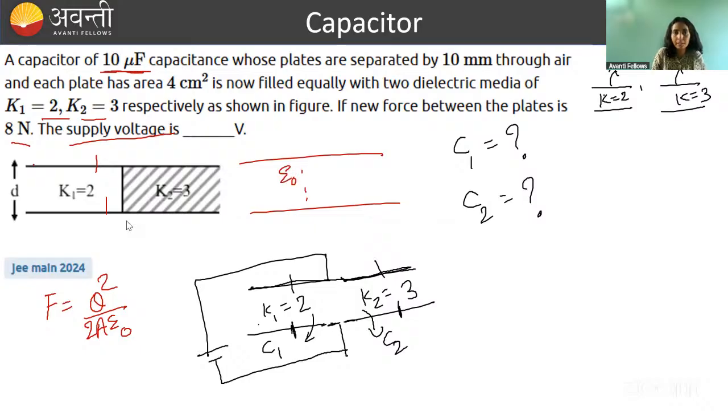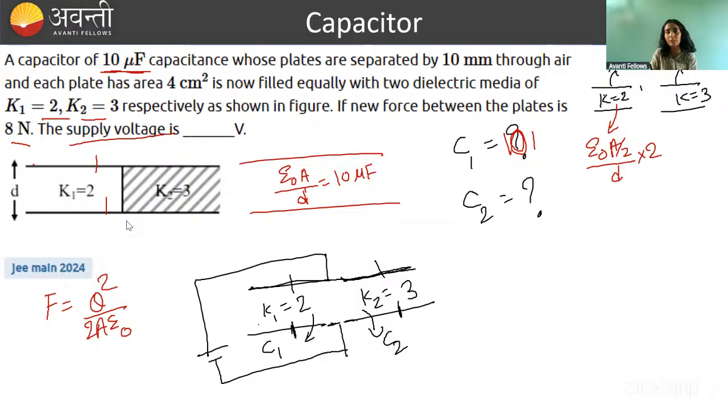So epsilon naught A by D is equal to 10 microfarad, right? And in this case, this small plate has an area A by 2. So epsilon naught A by 2 by D, and its dielectric is 2. So into 2. It will ultimately look like, the 2 from A by 2 will cancel with the 2, so it will ultimately look like epsilon naught A by D. So what value did we get for C1?